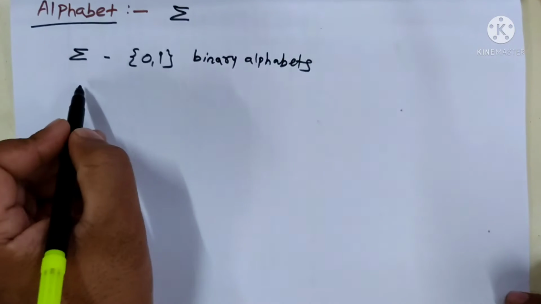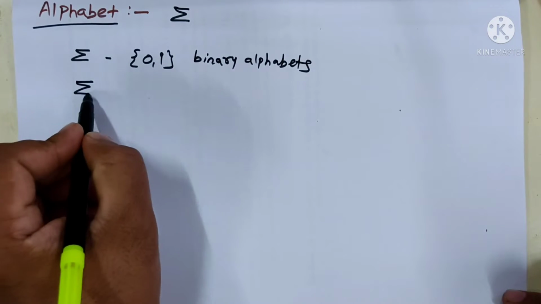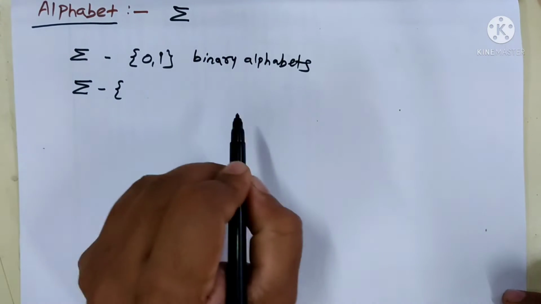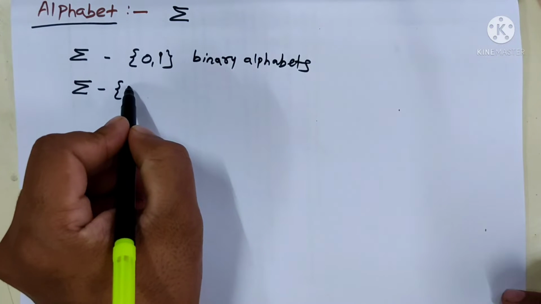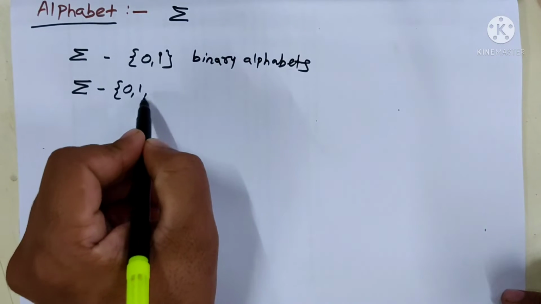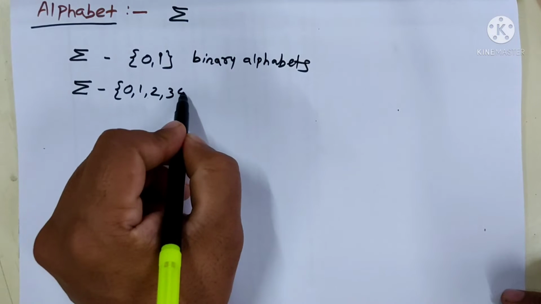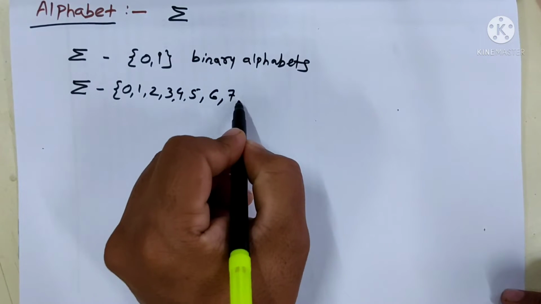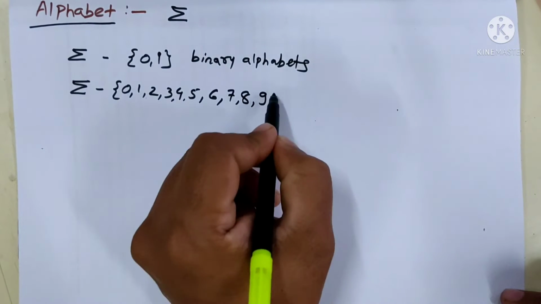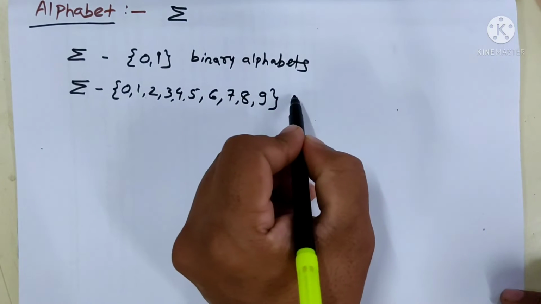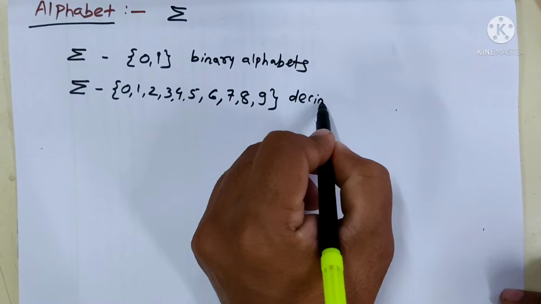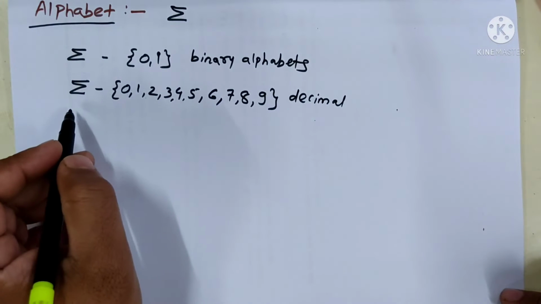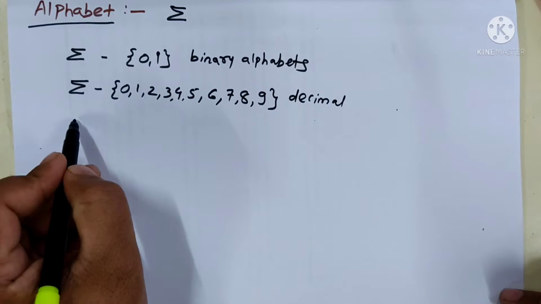Similarly, suppose we need to define decimal numbers as an alphabet. So we provide 0, 1, 2, 3, 4, 5, 6, 7, 8 and 9. So this is a decimal alphabet.